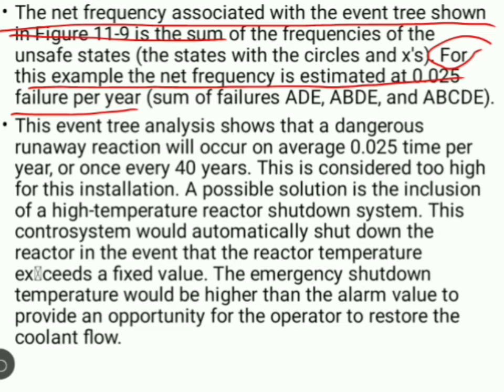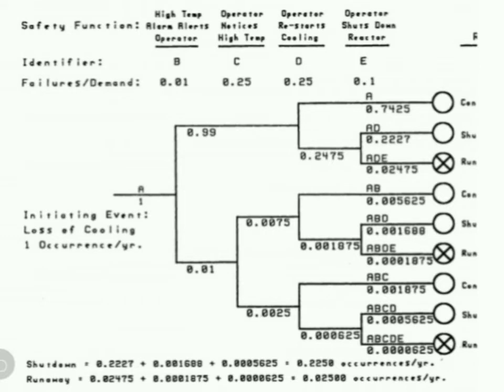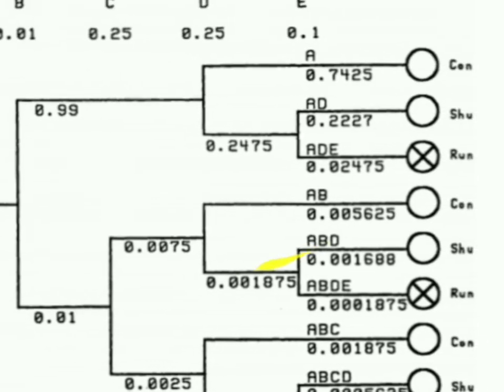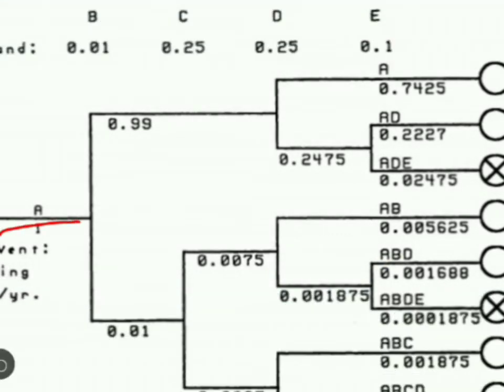These are the sequences where the safety functions are failing. We can see how it is done; all these are operated on and added.